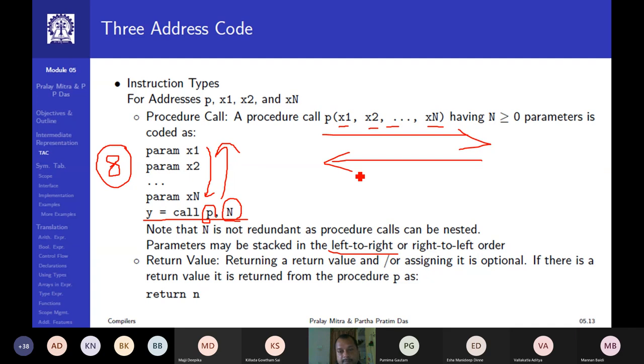It depends, and whatever implementation you do, you have to keep it consistent. Now there cannot be any parameter also. That's why I am keeping it open, n greater than or equal to 0. Now returning a return value or an assignment is optional. You agree with me? You have seen that one, but that is my 9th basic 3 address code, return n.